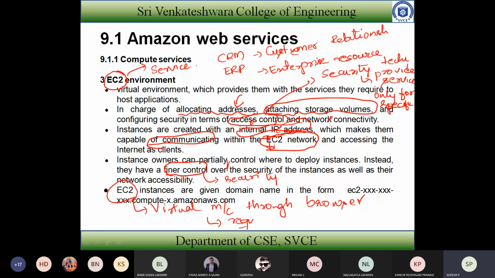The domain name will be in the form of ec2-xxx followed by compute-x.amazonaws.com. That is what the domain name will look like. Okay, so that's how it will be done.